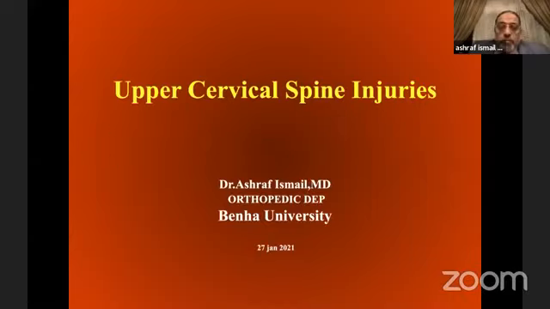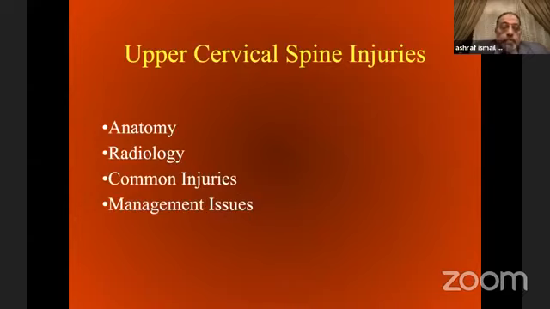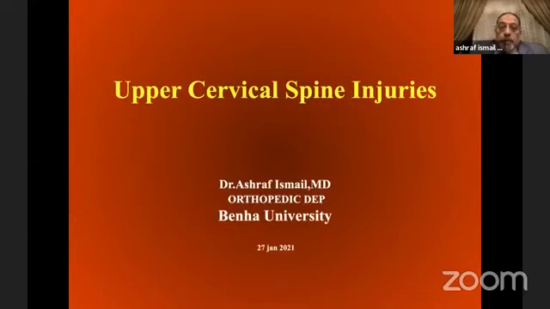It is a very nice chance to have again this meeting on upper cervical spine injuries. The upper cervical spine is a differentiated and specialized part of the vertebral column.